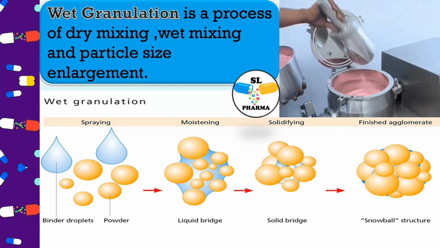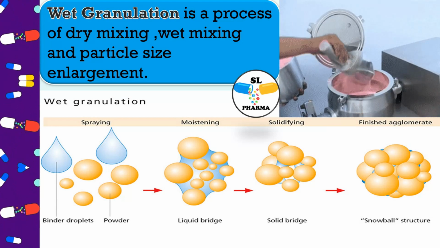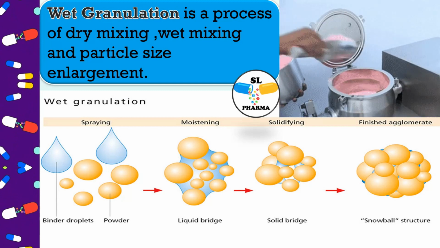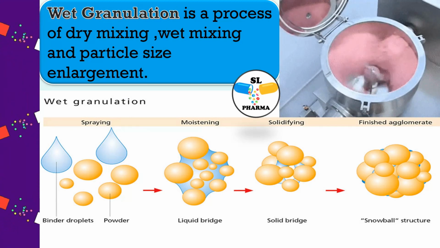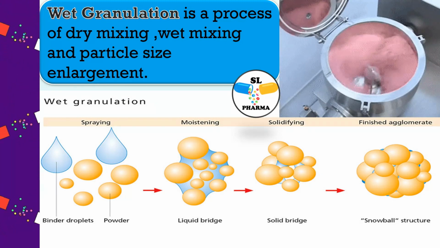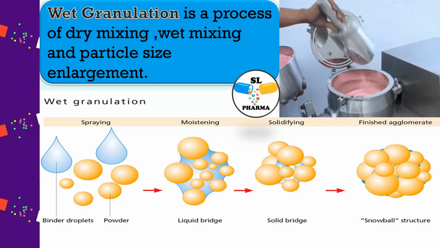Wet mixing. After the dry mixing, a liquid binder is introduced into the mixture. The binder is usually a solution containing water or another suitable solvent. The wet mixing phase involves adding the binder to the dry powder mixture while simultaneously agitating or blending the materials.